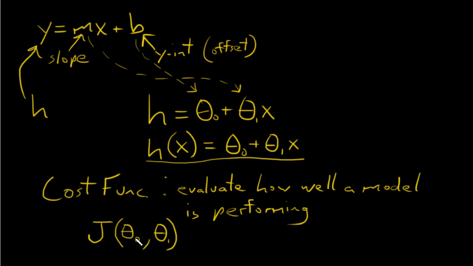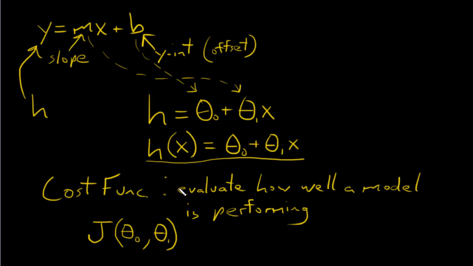If I input a y-intercept and a slope, how well does my model perform with that y-intercept and that slope? How well does it actually predict the price of a house based on its square footage? So I'm going to call this my cost function. It's a function of my theta 0 and theta 1.